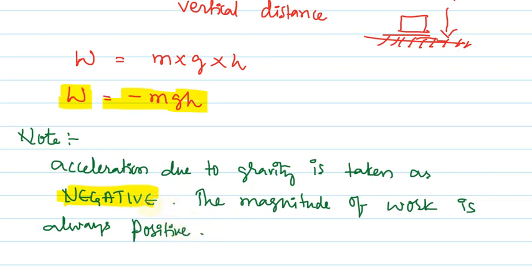Examples for work done against gravity are when a suitcase is lifted from the ground to some height, and when a ball is thrown vertically in the upward direction. Hope you have understood all the possibilities for work done and their expressions. Thank you.